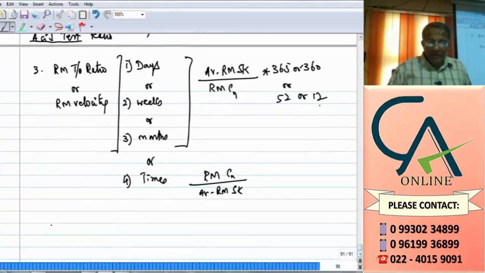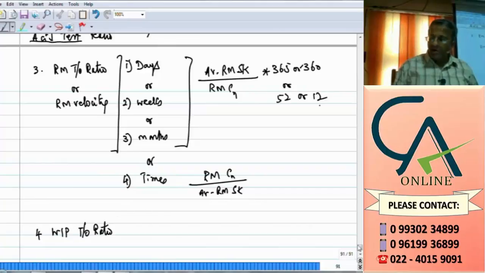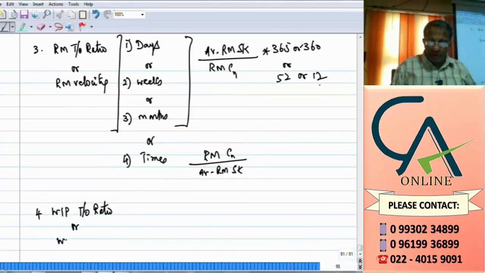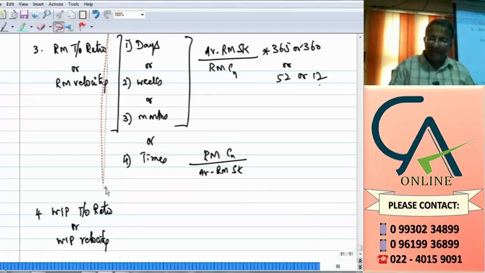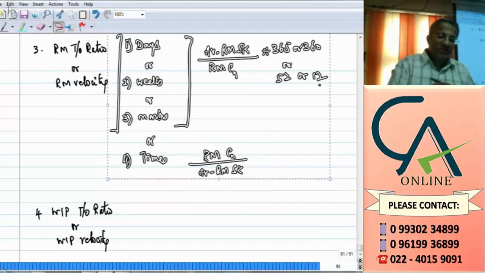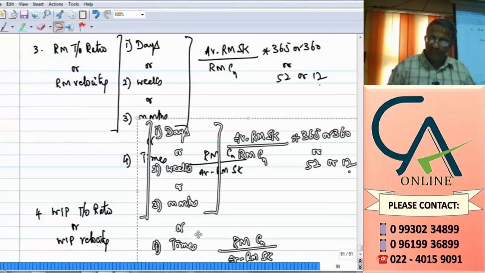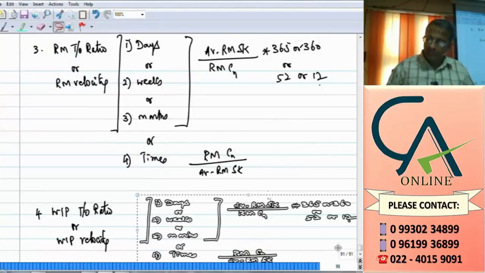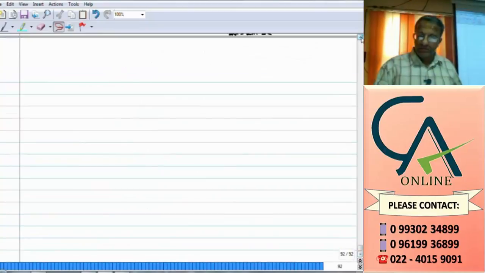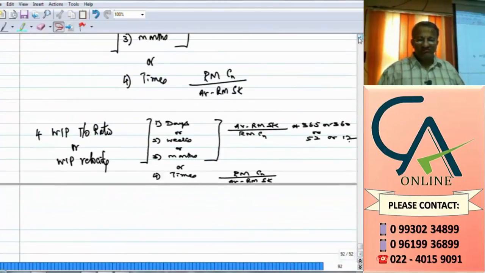Next, after this, it is the work in progress turnover ratio or work in progress velocity. Similarly, we have different ways of expression.